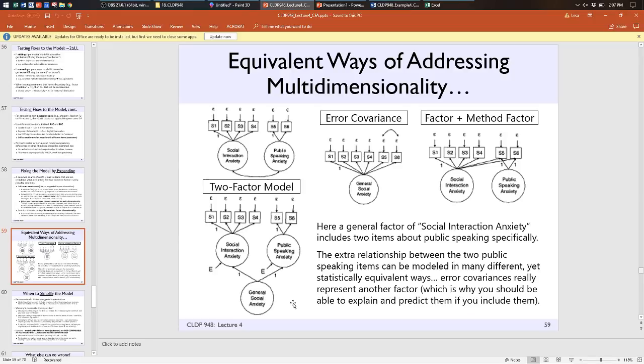They generate the same predicted covariance matrix. They differ dramatically in interpretation. And this is why I said on the first day, this is not causal modeling. It's just not. There's nothing in the data that can support these different theoretical interpretations just based on this alone. Questions on that?